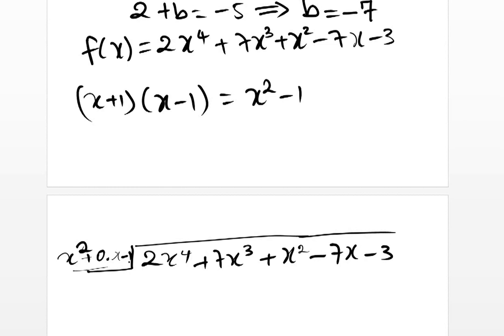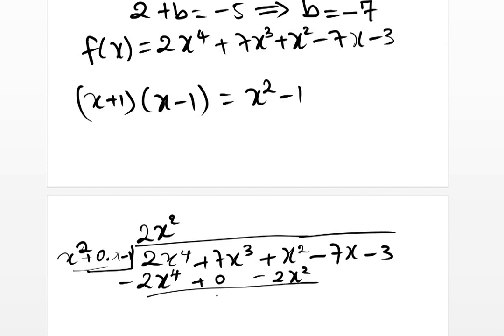Now we are going to do the long division. This is 2x to the power 4, 2x to the power 4 divided by x squared. We have 2x squared here. 2x squared times this gives 2x to the power 4, this one gives 0x, plus 0, minus 2x squared.